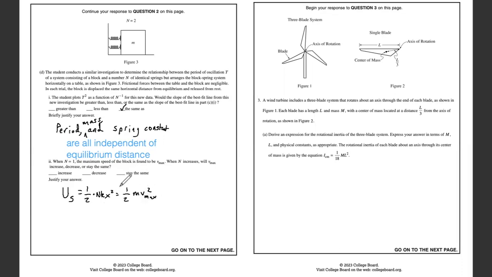We notice that if you increase n, you are going to increase the maximum velocity. So maximum velocity is proportional to root n. Simple justification for it. Therefore, the maximum speed should increase.